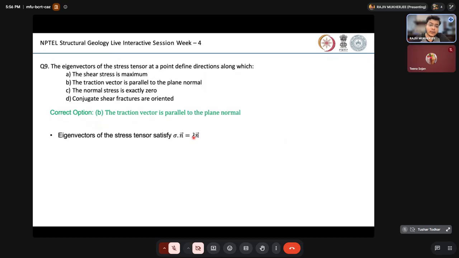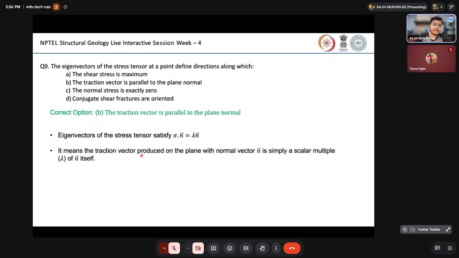And it will eventually give us the length of the maximum, minimum or intermediate axis of the stress ellipsoid, right? So together this quantity is the eigenvector. Lambda is the eigenvalue, and this is the eigenvector, and it comes from the dot product between this tensor and this vector.